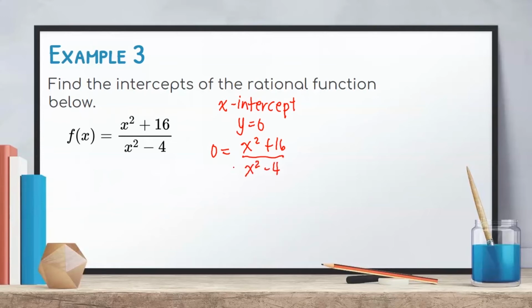When we do cross multiplication here, it will give us x squared plus 16 equals 0. To solve for the value of x, isolate the constant to the right side, giving us x squared equals negative 16. And to solve for the value of x, get the square root of both sides.